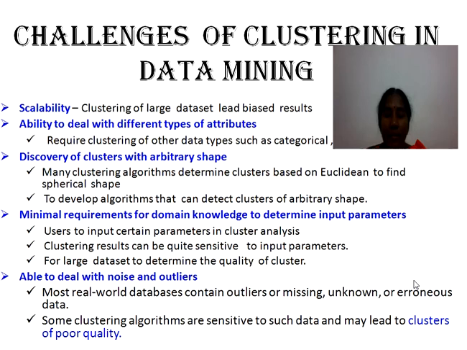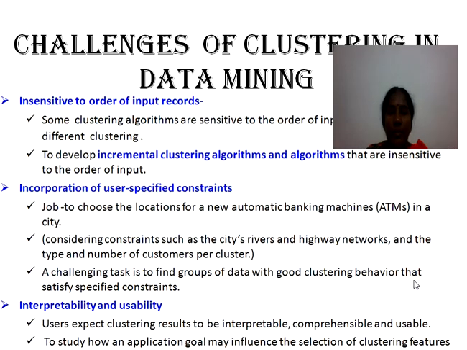So how to overcome the noisy and outlier data, to detect and remove it, or alter the data, and then apply the data mining algorithm to produce a good clustering. That is one of the main challenging tasks.